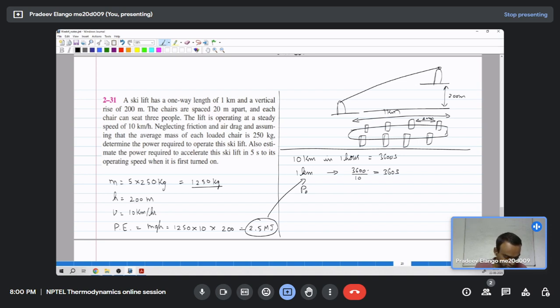So power at steady speed, considering only the potential energy delivery, we will have 2.5 by 360 megawatts. So this is 6.9 kilowatt.